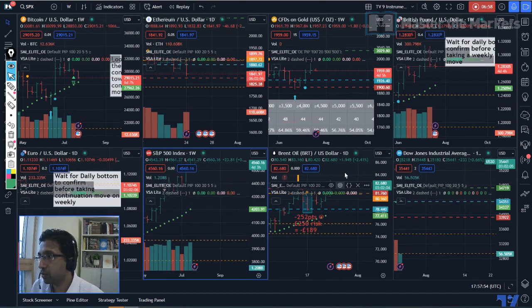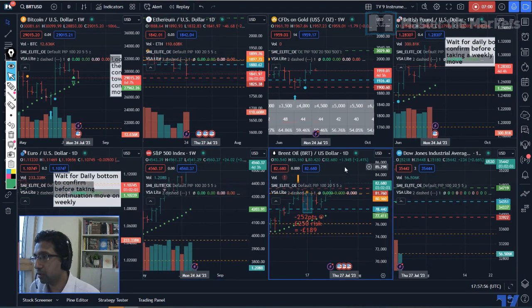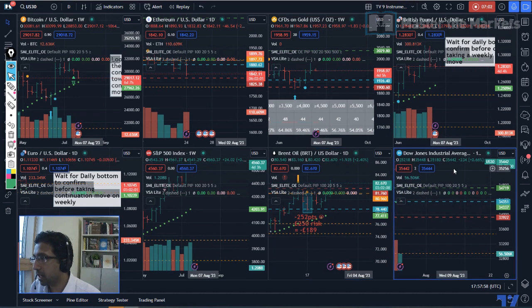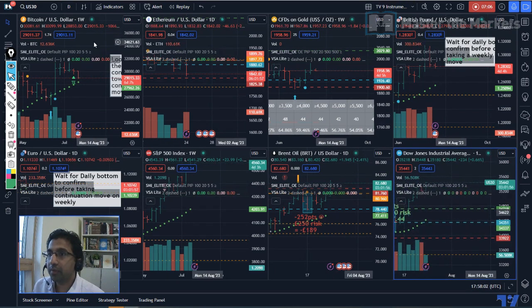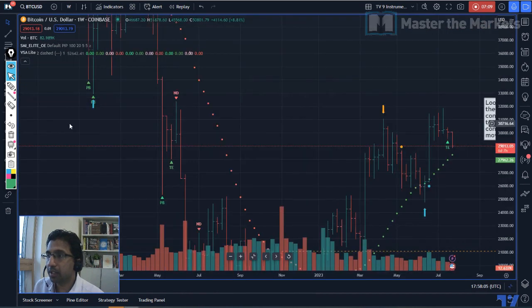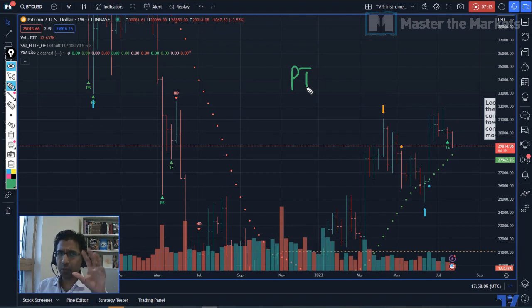And what else do we have? Brent, oil. I'll come to that in a minute. Dow Jones as well. I'll come to that in a minute. Now that we have covered basically the potential trades, not really anything setting out. We just got to play a waiting game in terms of continuation moves on weekly, in terms of GBP USD and Euro USD. Let me just take a note of that.